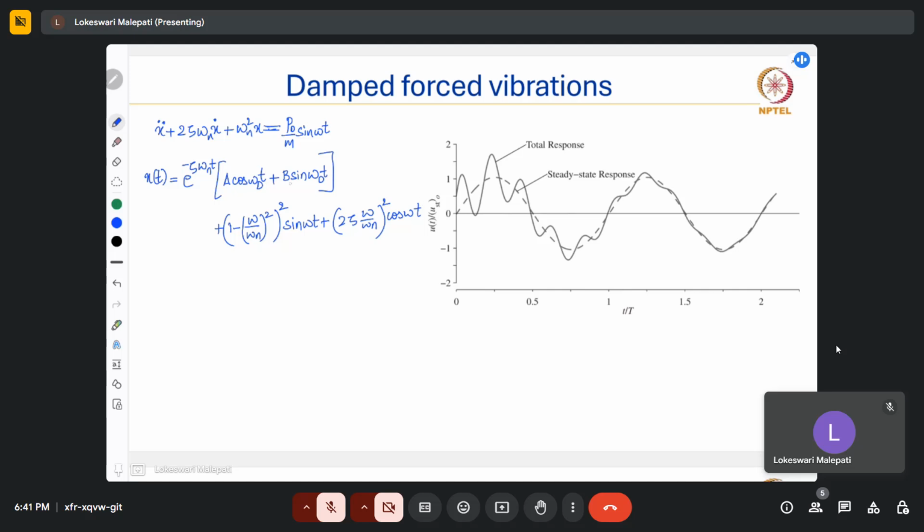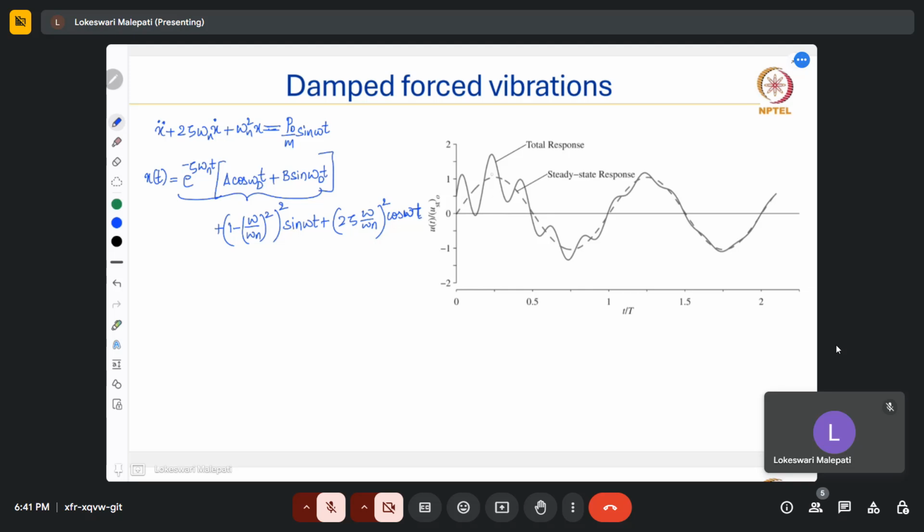So these two coefficients again have to be evaluated for particular initial conditions. This is the whole solution for this damped forced vibration. Again this component is called the transient response and this is called the steady state response.